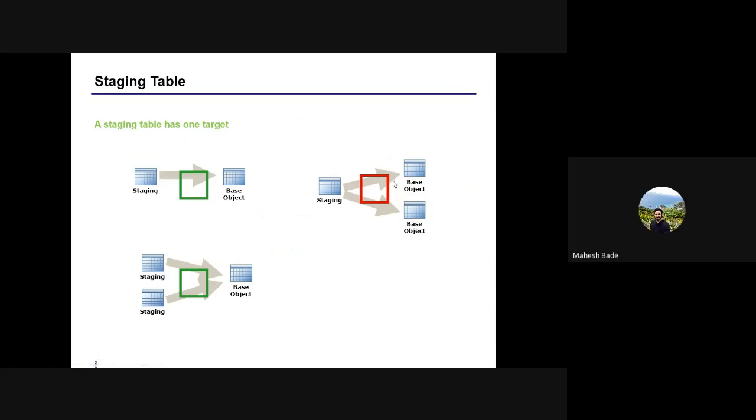We can have similar, but not exactly the same. If you want another stage table, then under that base object we have to create the stage table. Okay, this is one more question they ask.